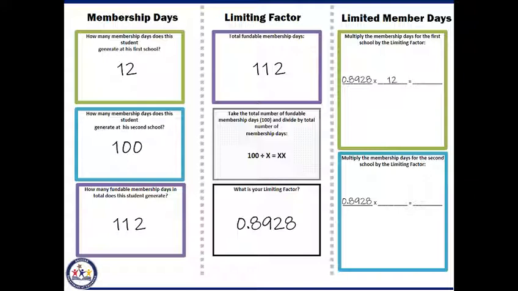He generated 12 fundable membership days for Chandler. That equals 10.71. Limiting factor multiplied by the 100 days for Mesa High. So that would be the ADM that this student generates. If you add 10.71 plus 89.29, you'll see that that's 1.0.